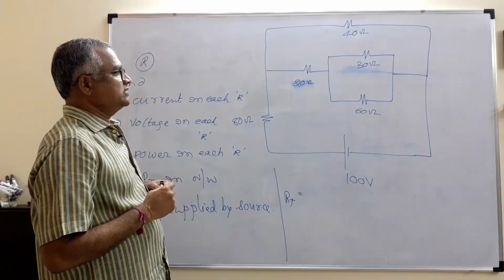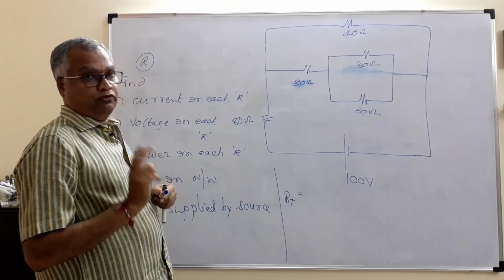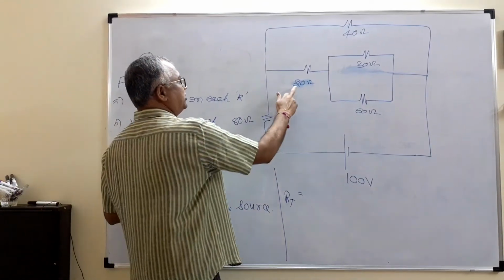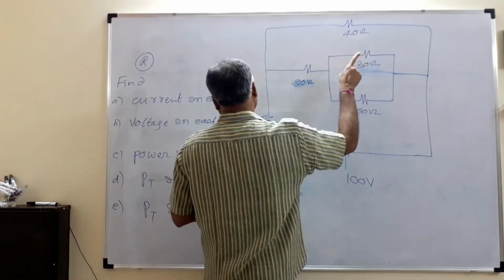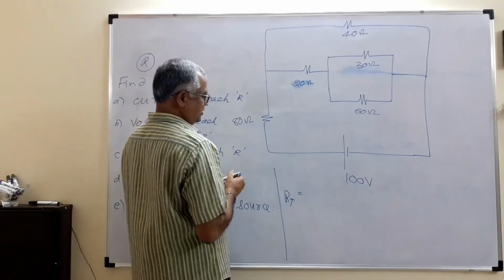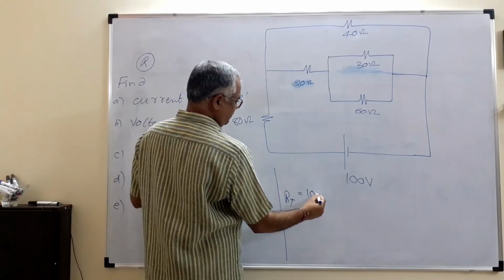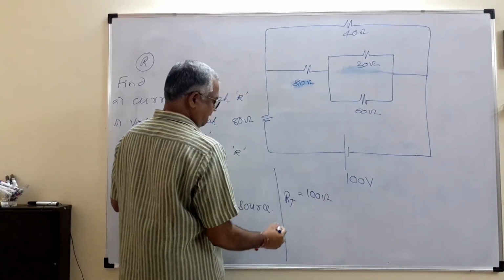So 30 and 60 parallel, how much? 20 ohms. 20 and 20 series 40, 40 and 40 parallel 20, 20 plus 80, 100 ohms. So R equivalent is 100 ohms.